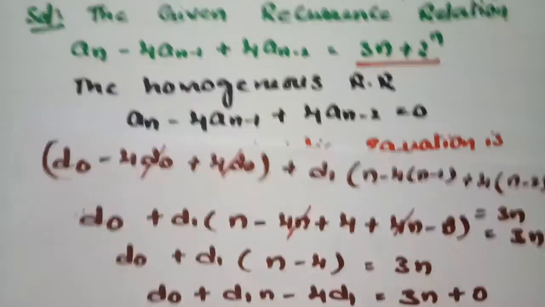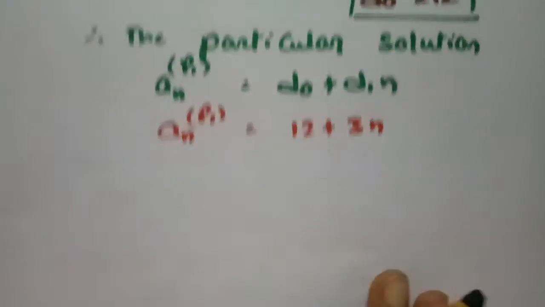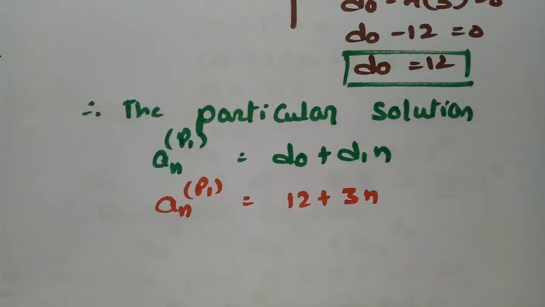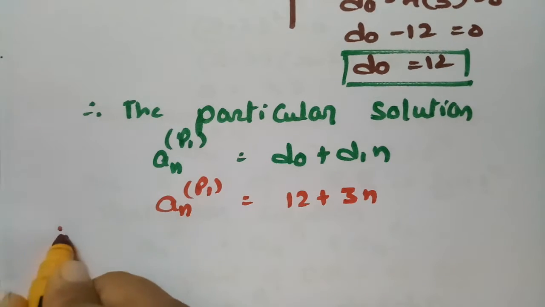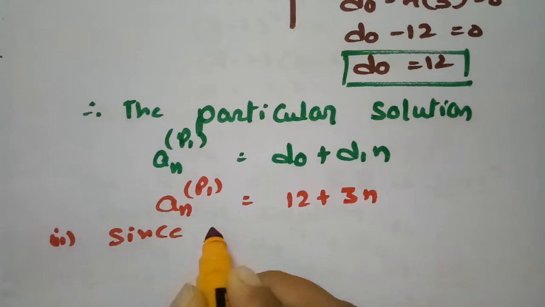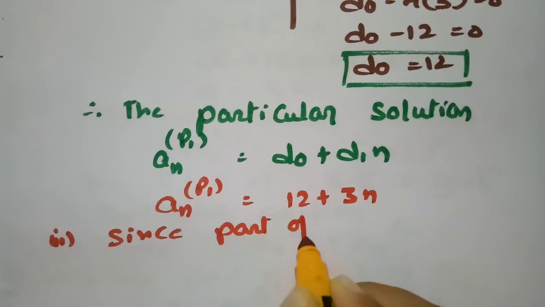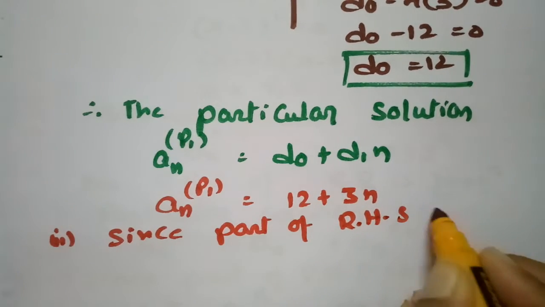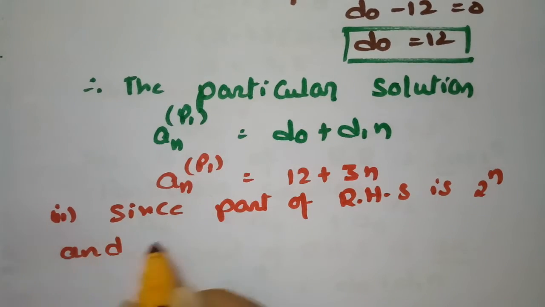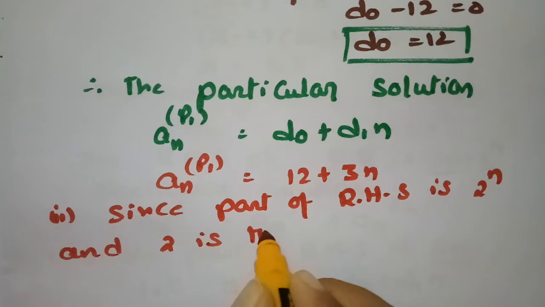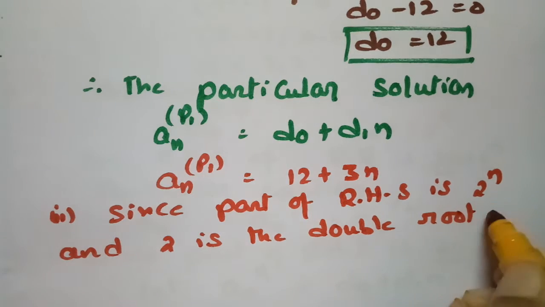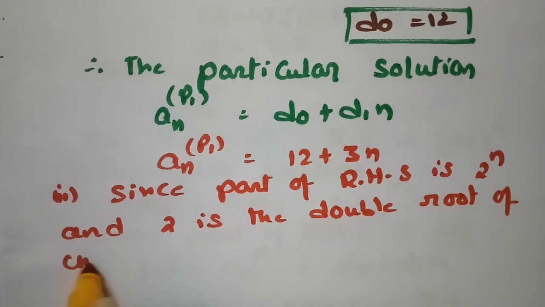For 2 power n we have to take. So RHS, since the second part is 2 power n, and 2 is the double root of the characteristic equation.